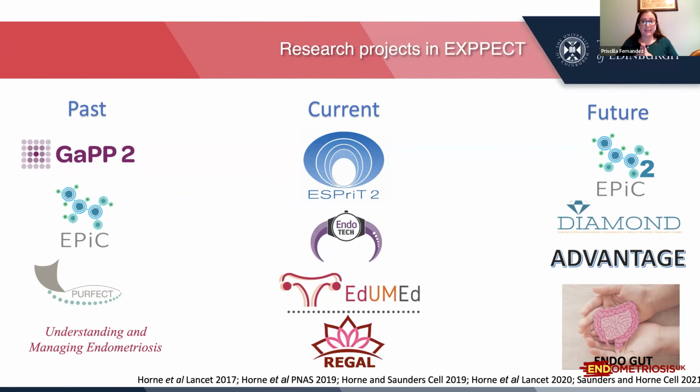That means being allocated at random by a computer to either a diagnostic laparoscopy alone, where the surgeon looks to see if there is endometriosis but does not treat it by excision or ablation, the cutting or burning Dr. Whitaker was mentioning, or the opposite, which is diagnostic laparoscopy with treatment.